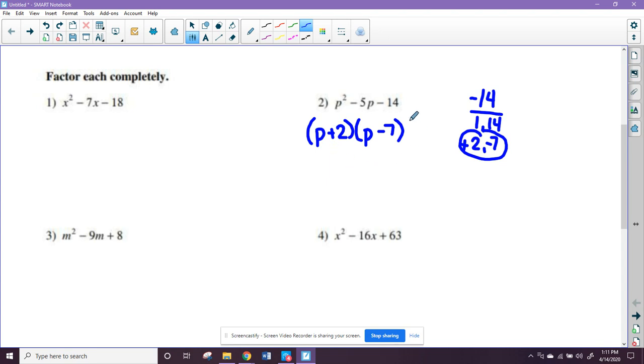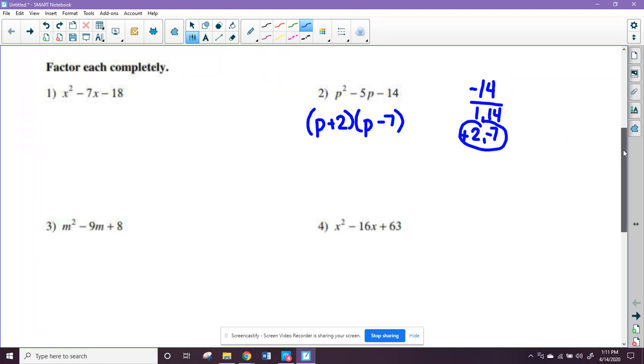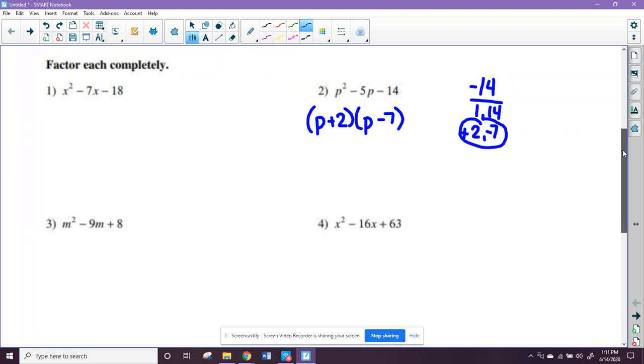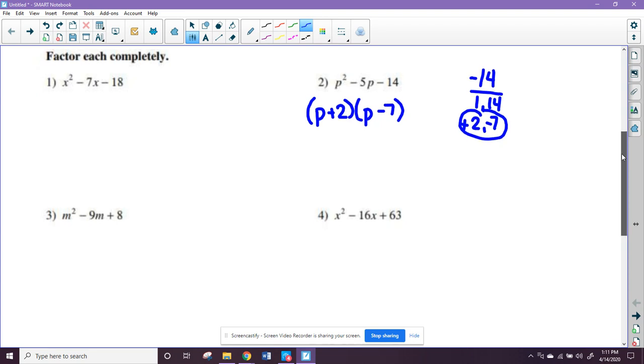And then that is factored. Again, it does not matter which binomial, which parenthesis you put first. You could have the p minus 7 first and then the p plus 2. Order does not matter for multiplication. So that was number 2.